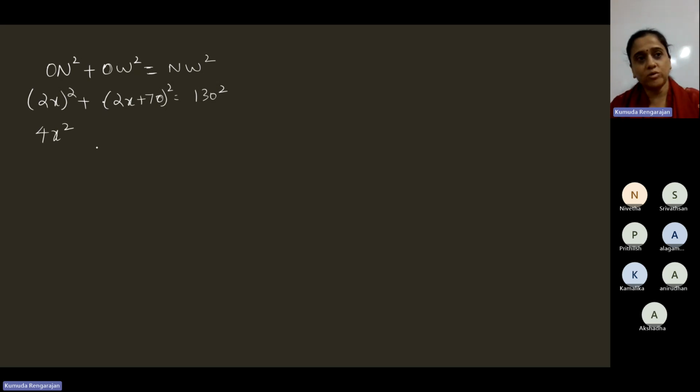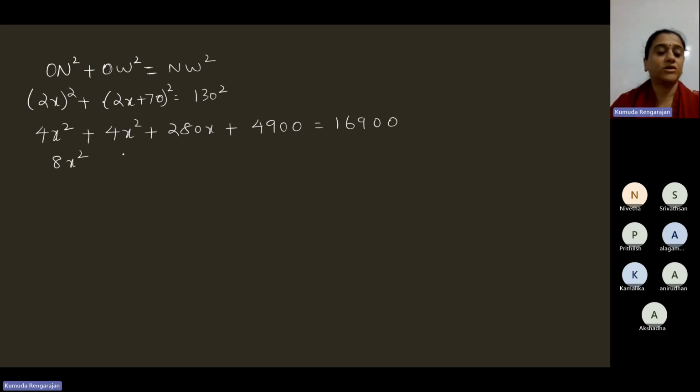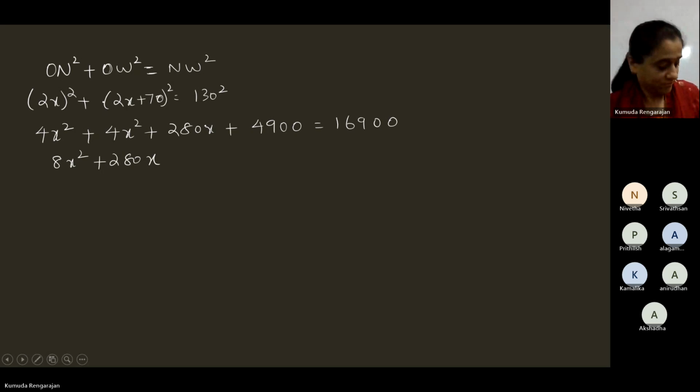Did you write 4x squared or you wrote 2x squared? Four x squared and 4x squared is 8x squared. You wrote 16x squared. Oh, this one is 12,000.